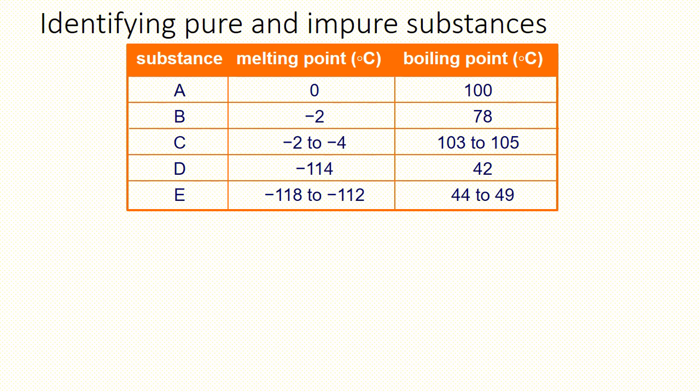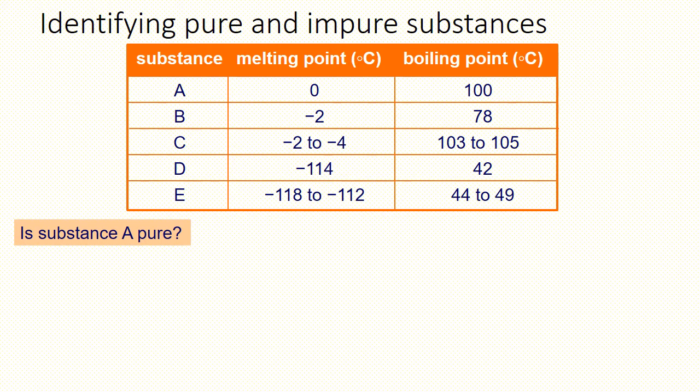So here is a table of data for us. We've got substances A to E, and we've got some melting point data and some boiling point data. Hopefully pretty quickly you can identify some substances that are pure and some that are impure, maybe substances which are more impure than others, and potentially you can even name one of the substances in that table.